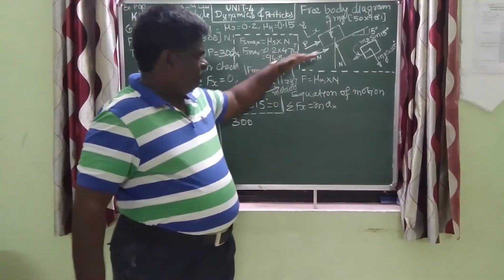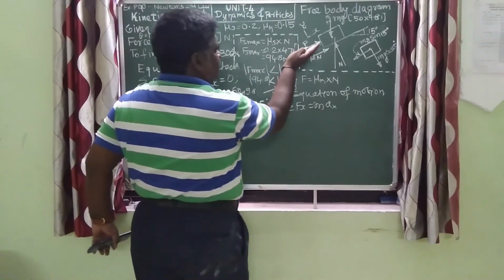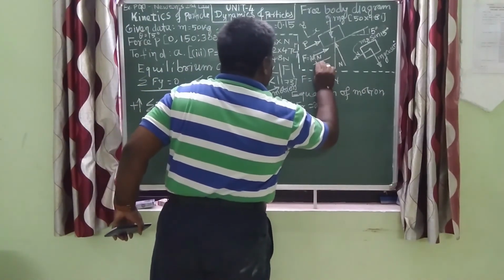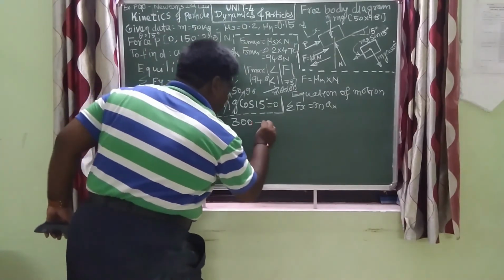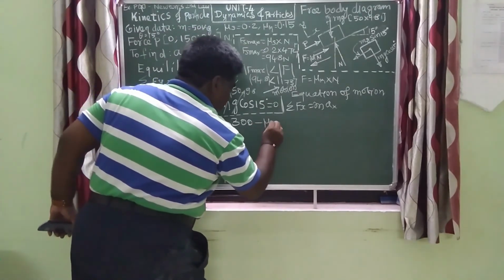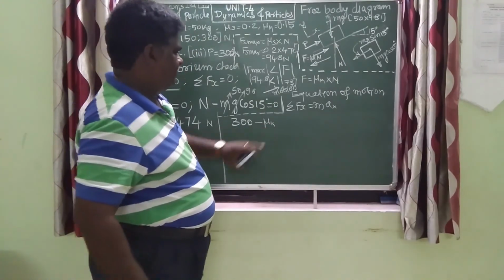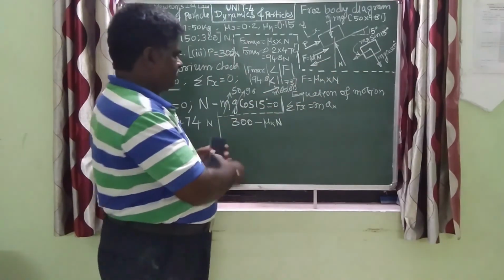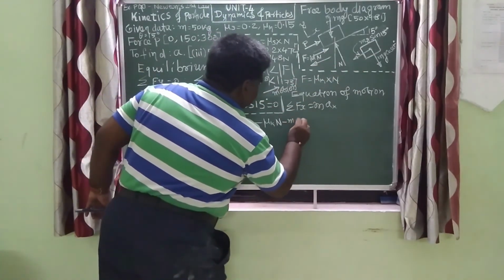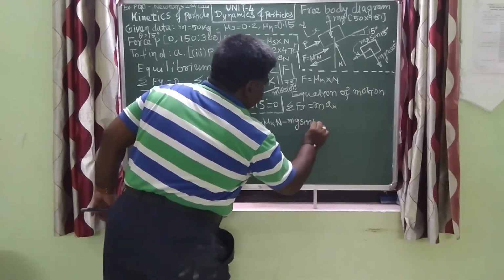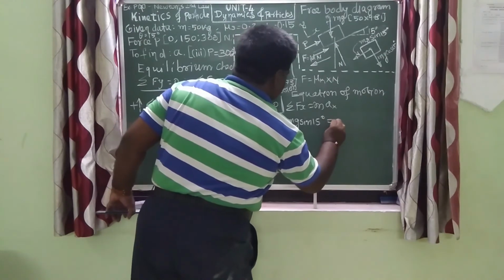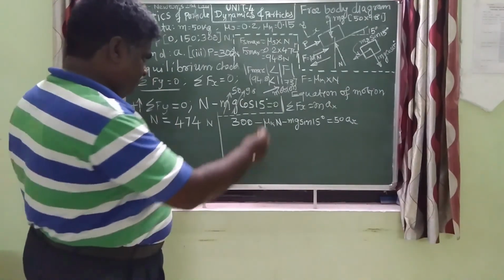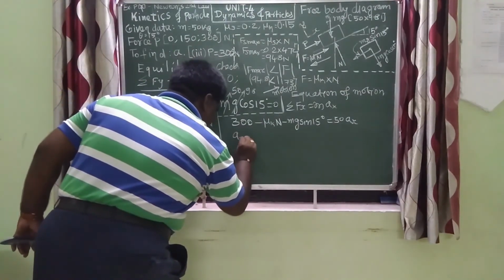The block is moving upward, accelerating from left to right, so the frictional force acts in the opposite direction: minus mu k into N. Then another force acts in the downward direction, minus mg sin 15 degree, equal to 50 into acceleration in the x direction.